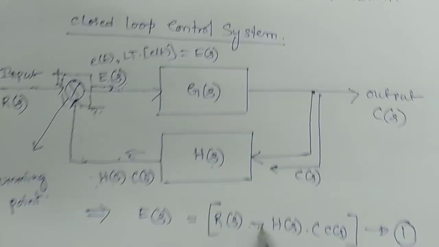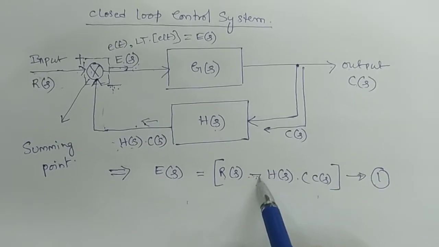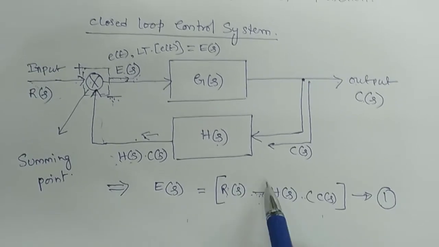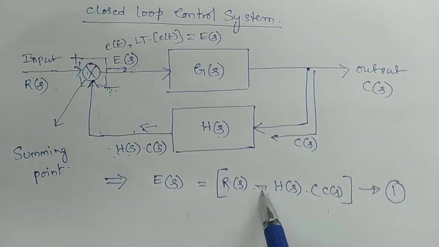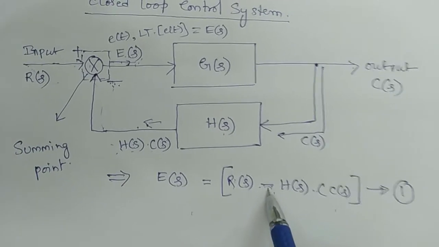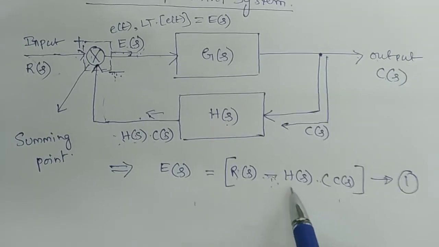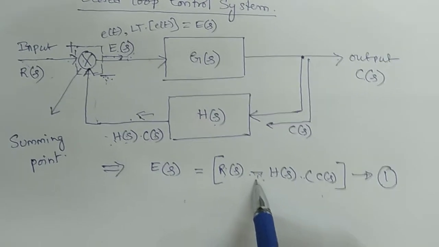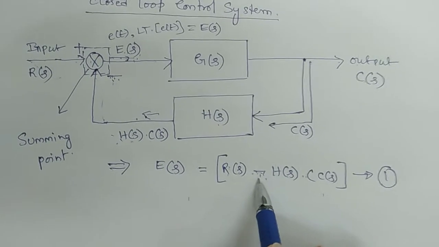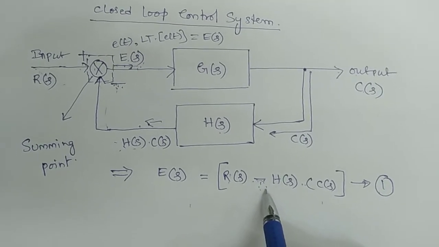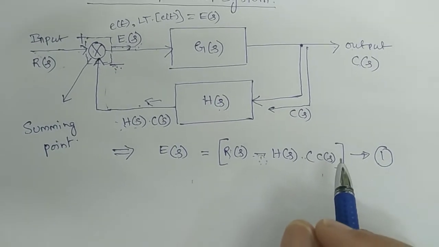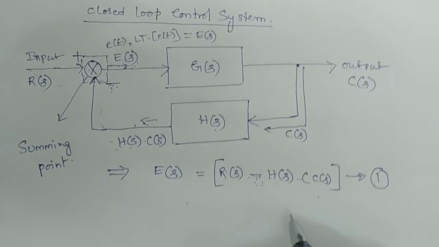We have applied minus because of negative feedback, so from the input, some portion of the output with feedback we are subtracting. In negative feedback it will be subtracted, whereas in positive feedback it will be added. In later classes I will explain the advantage of negative feedback, the advantage of positive feedback, and the comparison, in the subsequent classes.